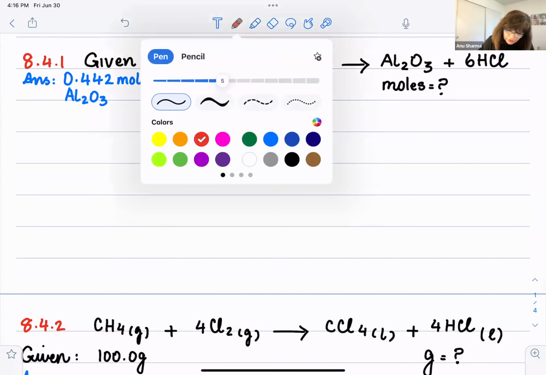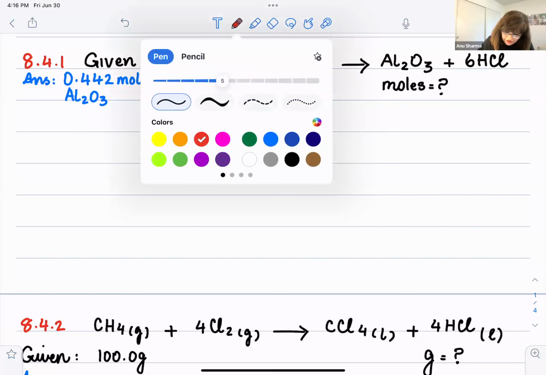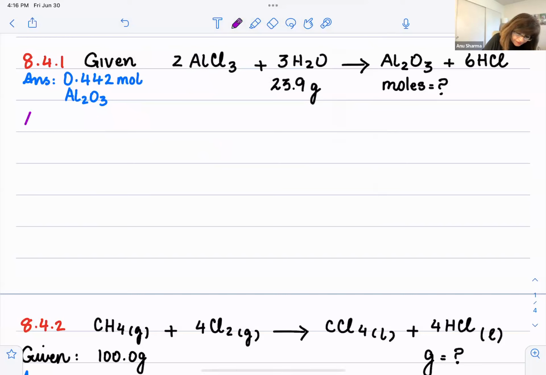So what are we going to do here? This is a strategy that they follow. You take the grams of entity. If you want to find one entity, A is given to you, and you're trying to find the other entity.